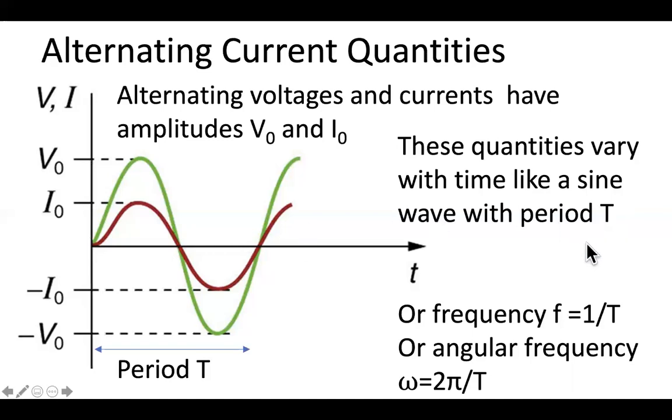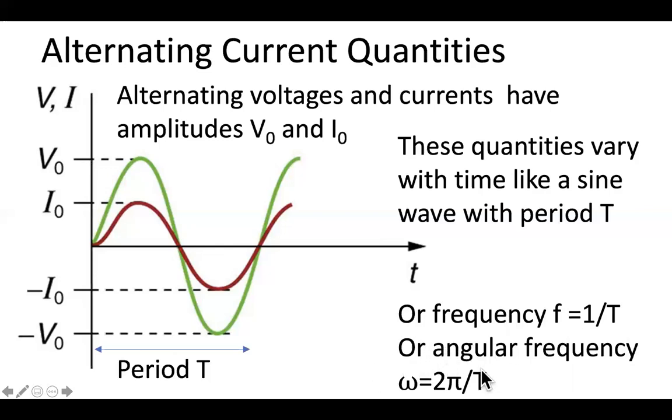Now, instead of worrying about the period, which is the time it takes to cycle once, you can also consider some related quantities, which are the frequency or the angular frequency. Frequency is generally denoted with the letter f, and it's just 1 over the time period. So if you have a short period, you have a high frequency. If you have a low frequency, you have a long time period.